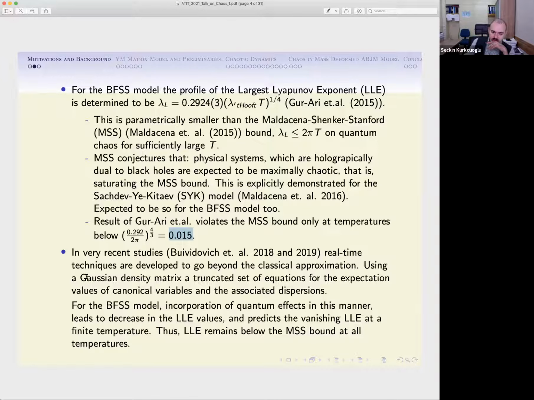And this leads to a decrease in the values of the Lyapunov exponents and predicts a vanishing Lyapunov exponent at finite temperatures, so that this Lyapunov exponent remains below the Maldacena bound at all temperatures. But there is no confirmation whether it saturates it or not, because this is still an approximation to the full quantum theory.